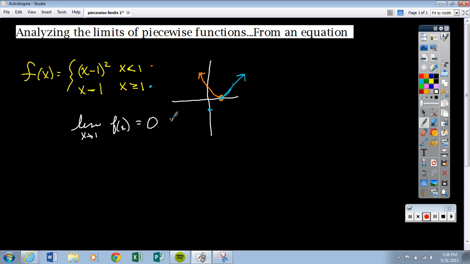Now example number 3 is going to be the same situation, except maybe now I'm going to create a function on the bottom where things might not meet up so nicely.